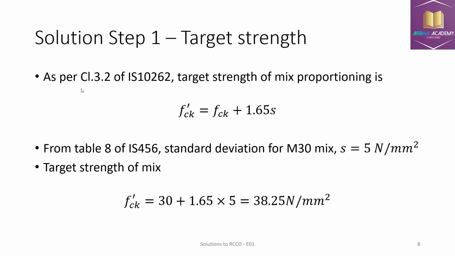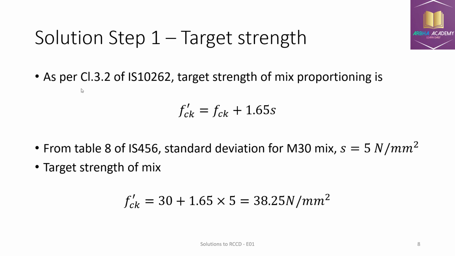This is where the considered mix design value plays a role. If you consider M25, then the S value varies. If you consider M30 and above, the S value varies. So S here is 5 Newton per mm square as per table 8 of IS 456.